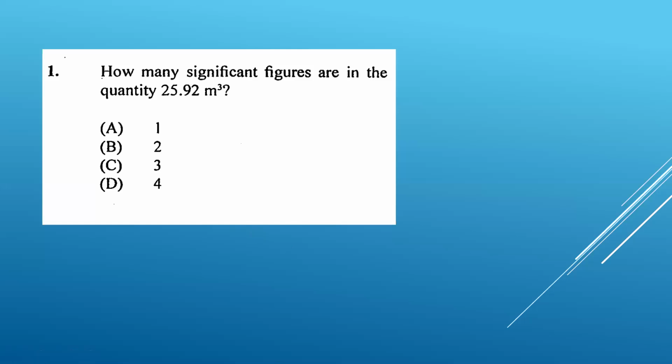It's not long, just a short fact, and this will help to guide you to answer the questions. You need to remember that all non-zero digits in a number are significant. In this measurement, we have 4 non-zero digits, and therefore all 4 digits are significant. The answer would be D.